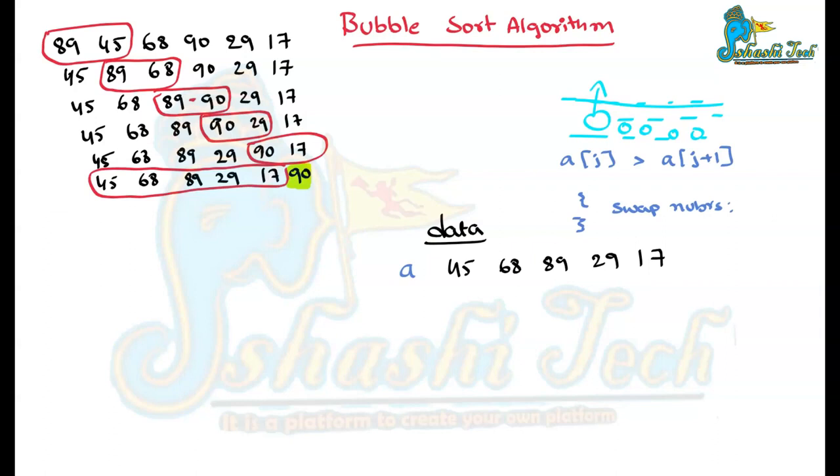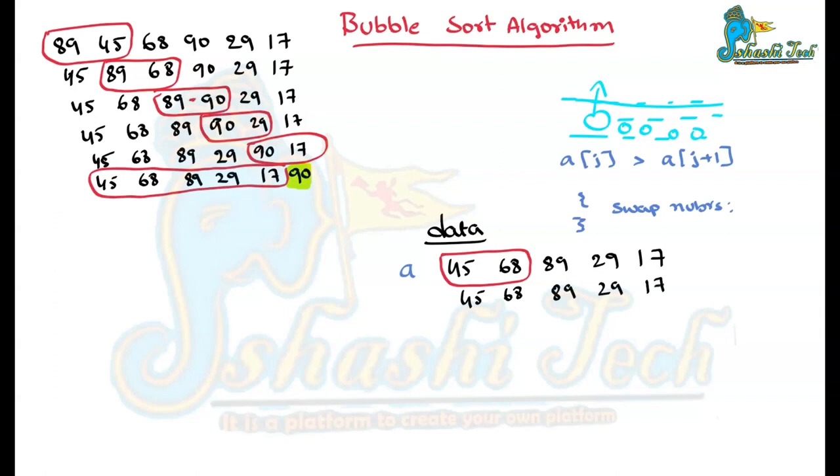Okay. Then again apply the same logic to two adjacent numbers, that is 45 and 68. Here you can see 45 is smaller than 68. We need not swap it. We can write it as it is, 45 and 68 and 89 also, 29, 17 also.